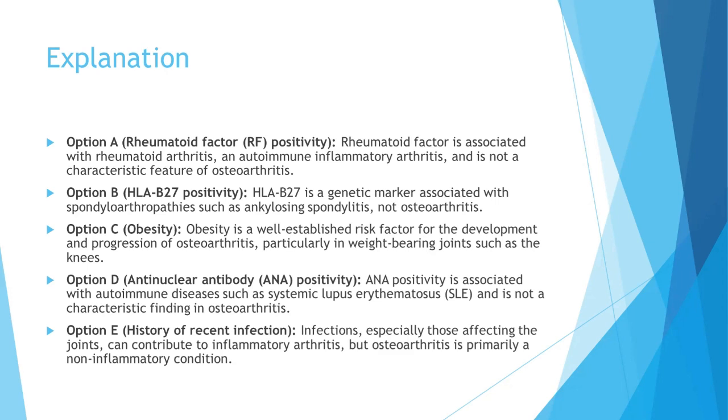Obesity is a well-established risk factor for the development and progression of osteoarthritis, particularly in the weight-bearing joints, such as the knee joints. ANA positivity is associated with autoimmune diseases such as systemic lupus erythematosus and is not a characteristic finding in osteoarthritis. Infections, especially those affecting the joints, can contribute to inflammatory arthritis, but osteoarthritis is primarily a non-inflammatory condition.